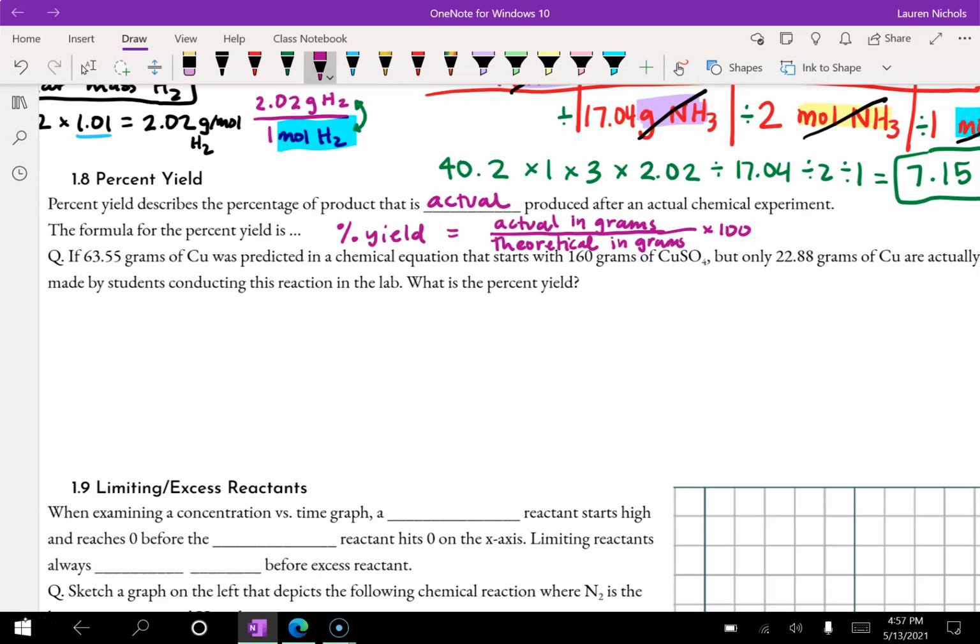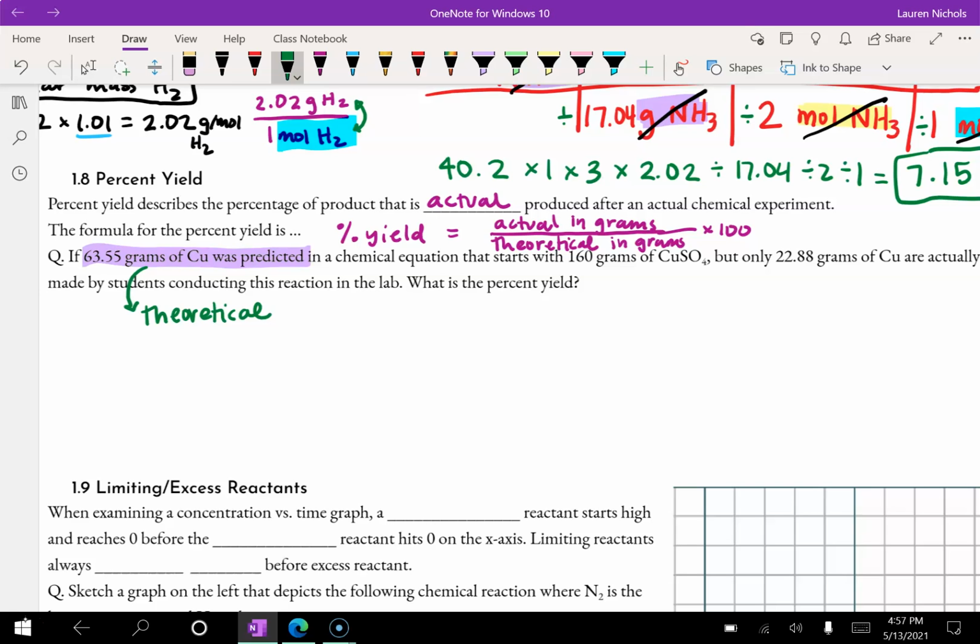So if we read this question, it says if 63.55 grams of copper was predicted. Now, that word predicted tells us that that is our theoretical amount. It was calculated, it was predicted, it was theoretical. In theory, we should have been able to produce 63.55 grams of copper.